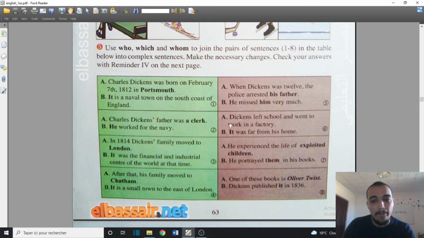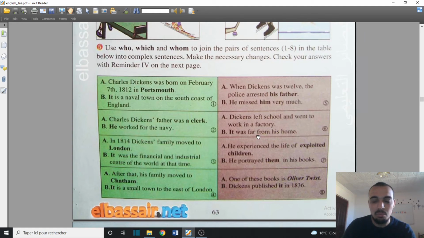Here, as we said, work in a factory. Then we are providing in our second sentence an explanation about this one, about a factory. The factory was far from his home. So can you guess? Take 5 minutes. 5, 4, 3, 2, 1.